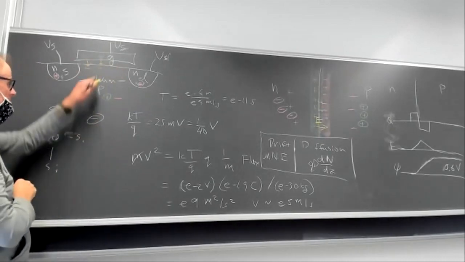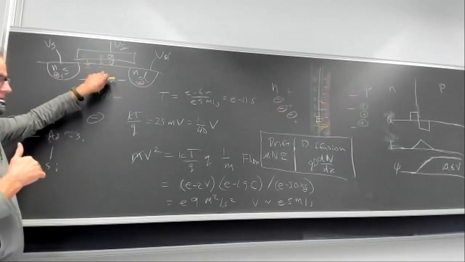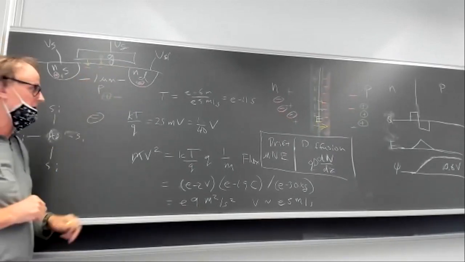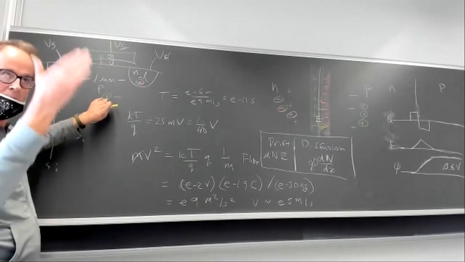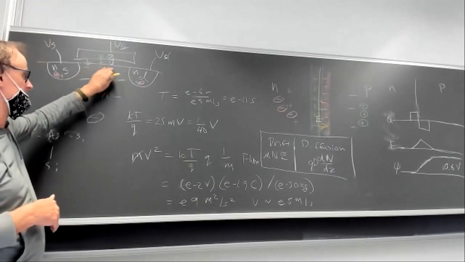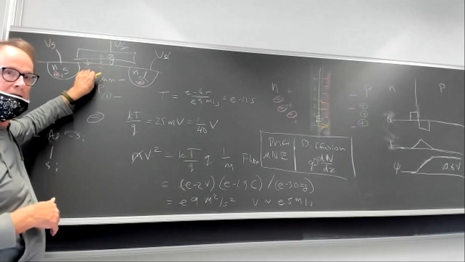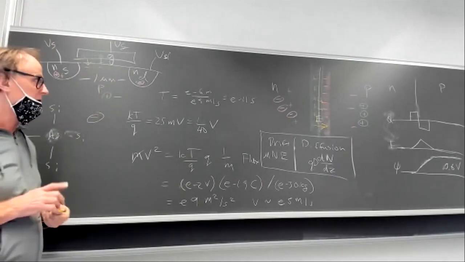It's just fixed negative ions, and you've depleted it. Why have you depleted it? Because it started out P-type, and you've gotten rid of the P's by pushing the holes away, and so now it's depleted. Okay, so there's just these fixed ions. That's the first region, and that's the subthreshold region of operation.